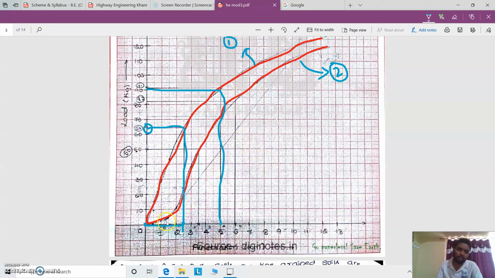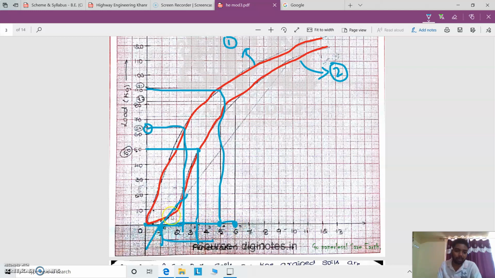Here initially we have convexity at the base, and taking a tangent line at the convexity, this point is considered the origin. From this origin it is 2.5 mm penetration at this point, and 5 mm penetration at this point.